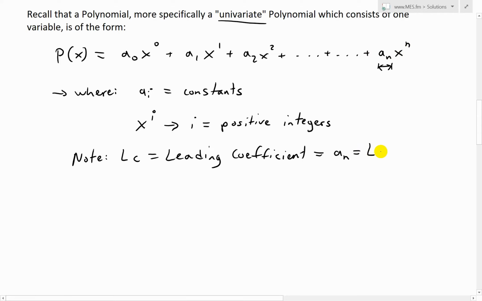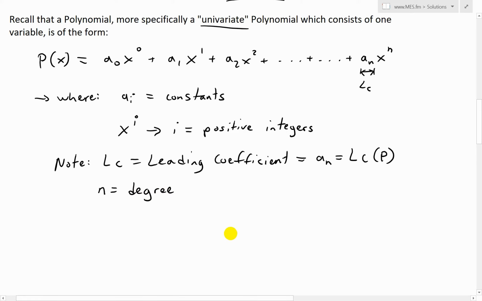And also the degree, so n is equal to the degree of the polynomial, the highest power of it. Again, I'll write this as a function.